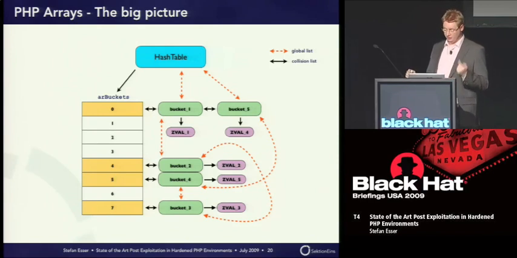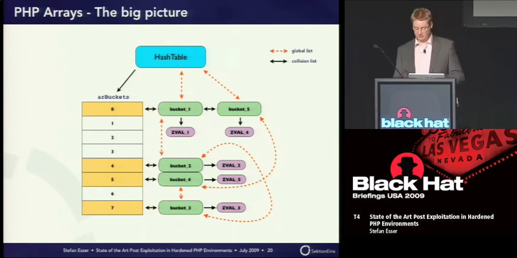And the red dashed line is the global list, so the global doubly linked list of elements in the array, and the black arrows show the normal pointers. And the doubly linked list is for the collisions in the hash table. So this is just to show you how this could look in memory.